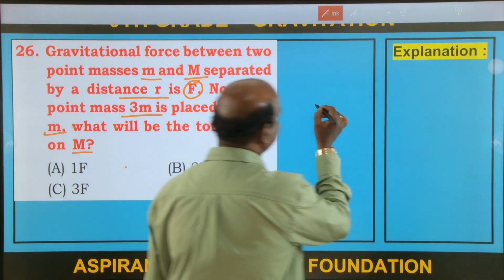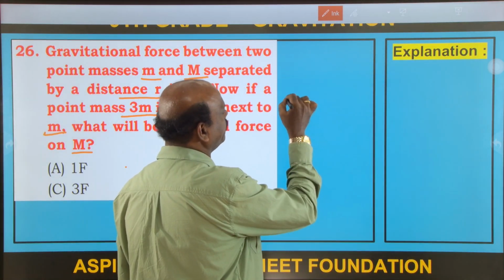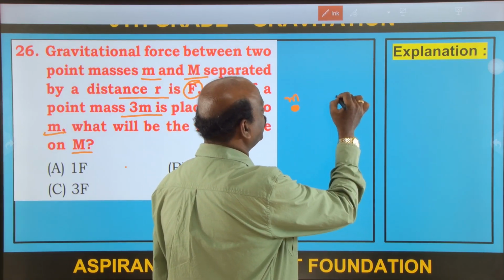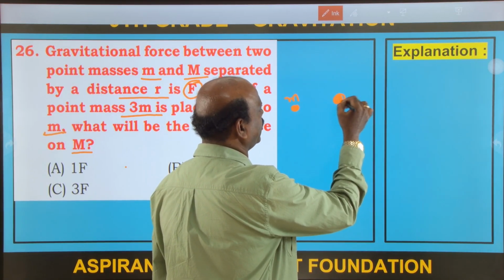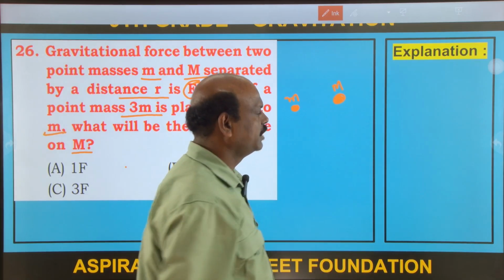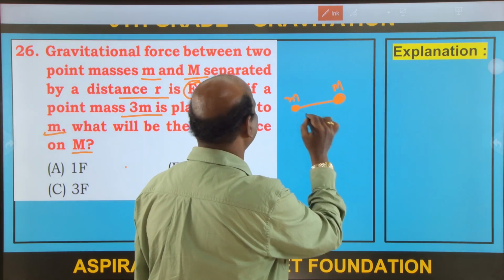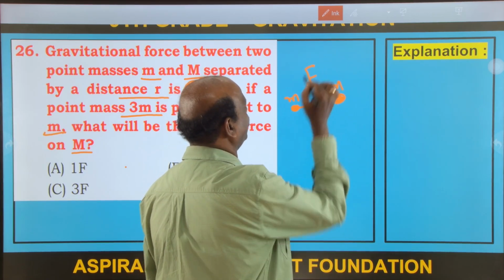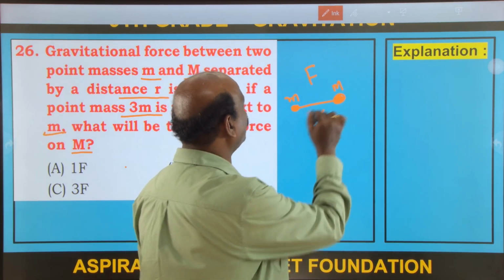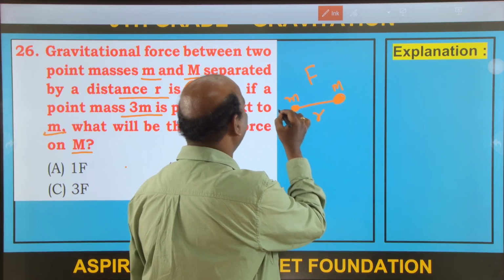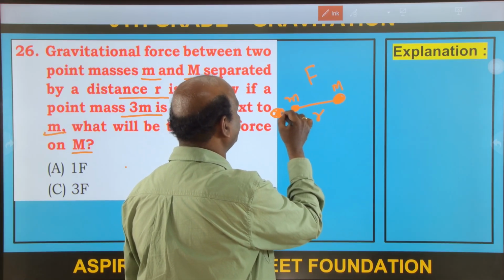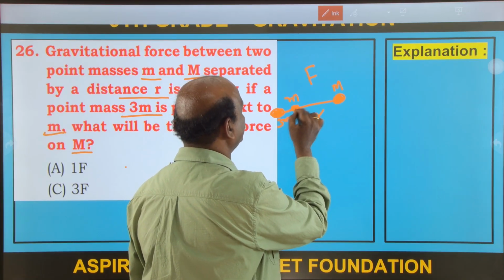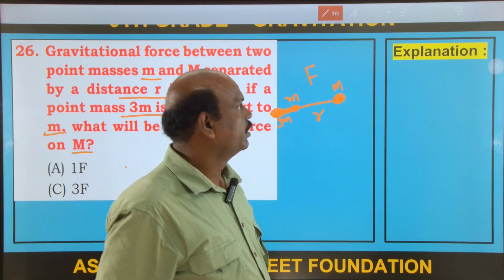If you take this as the small mass m, and this as the mass capital M, and the distance between them is r, and the force acted is F. Now what will be the force on this mass if one more mass, 3m, is placed near this mass? So let us see.